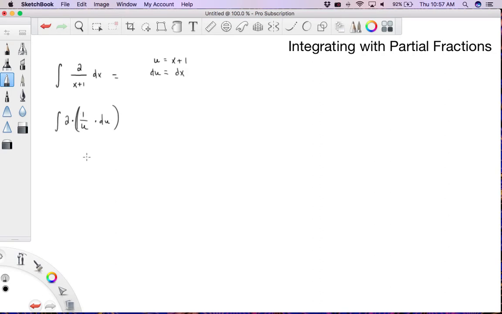The integral of this part in the parentheses is just the natural log of u, and of course it's going to be times 2. So basically anytime you have this linear factor in your denominator, the integral is going to work out to be a natural log of that term.